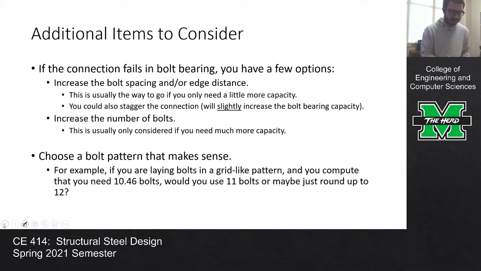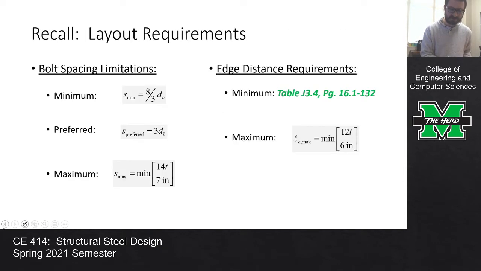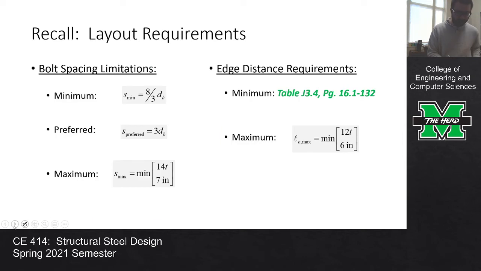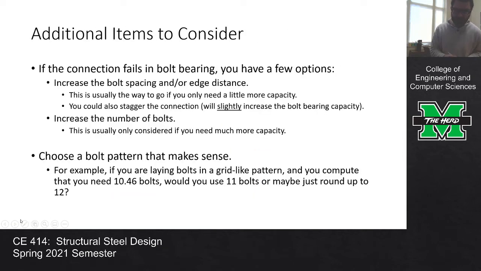Because if you go back to the bolt bearing capacity expressions, they are a function of your bolt spacing and your edge distance, and the bigger those values are, the more capacity you have under bolt bearing, because you're increasing that Lc value. So one thing you can do to iterate that connection is to up your spacing a little bit. And I would suggest you do that if you only need a little bit more capacity.